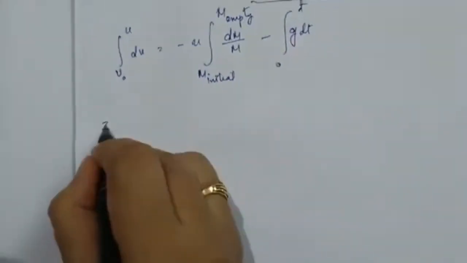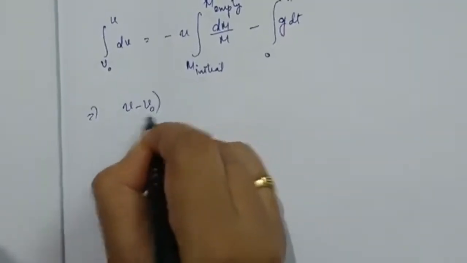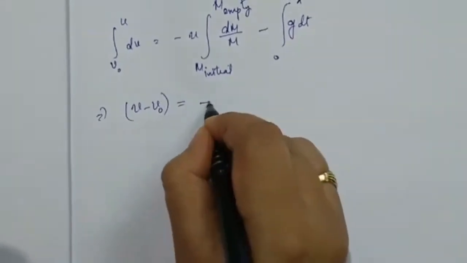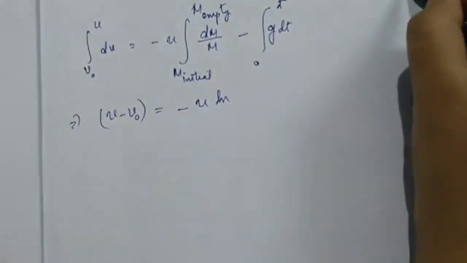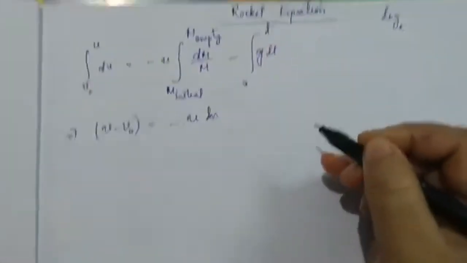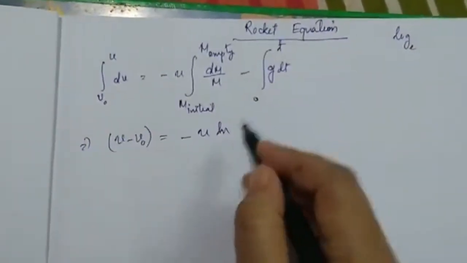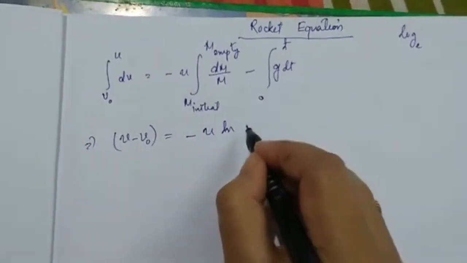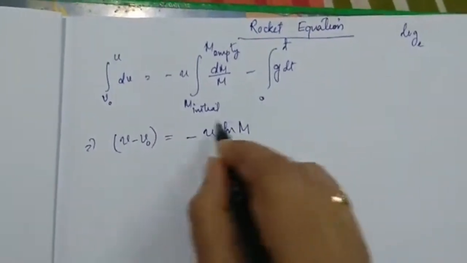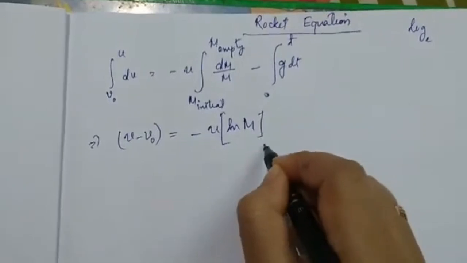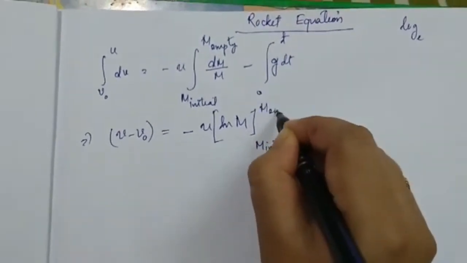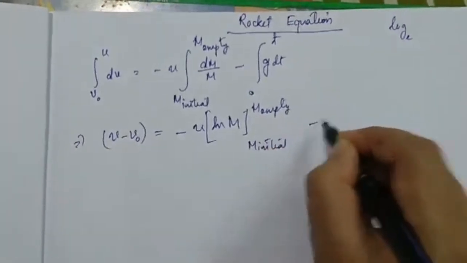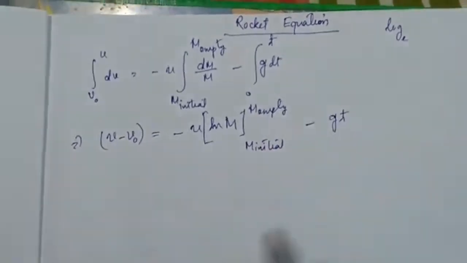So that means I will write it as v minus v naught equals u, and it is ln, meaning log base e, ln m, going from m initial to m empty, minus g into t.